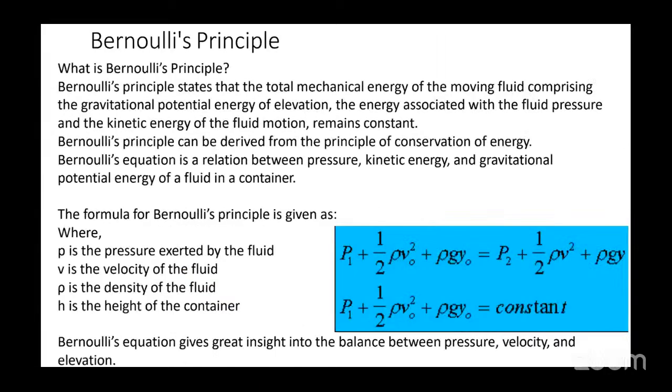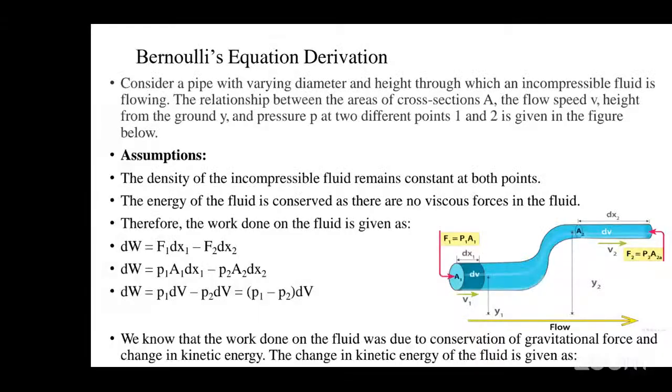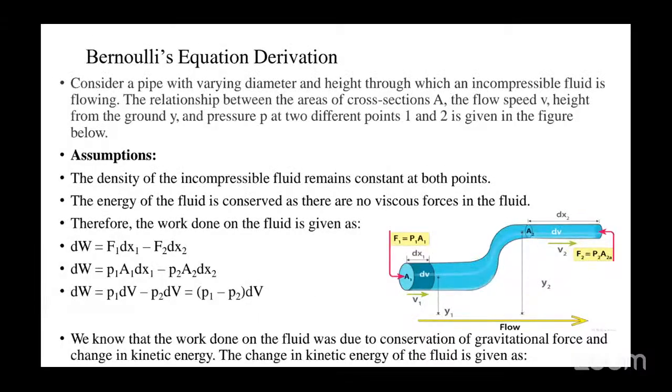And we have the expression for Bernoulli's principle as P plus half rho V square plus rho GY. So if we are looking at a system such as we have in that figure, where we have the pipe elevated above the ground, and then the fluid is entering at a particular part and coming out at the other part.